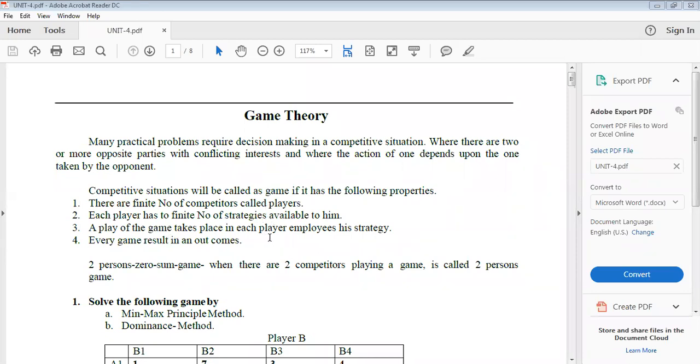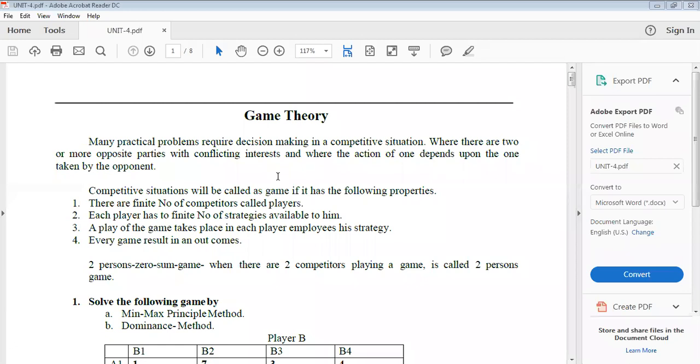A play of the game takes place when each player employs his strategy. Every game results in an outcome, which means the gain of one is going to be called the loss of the others.